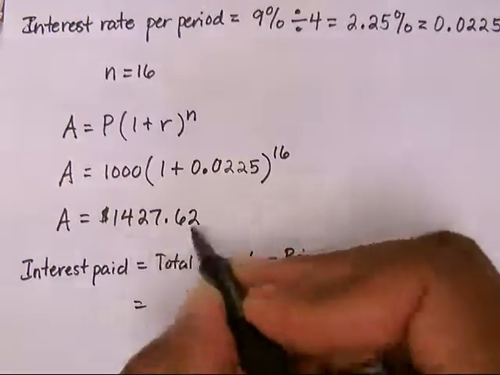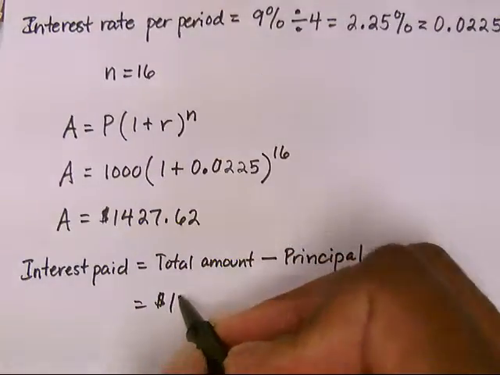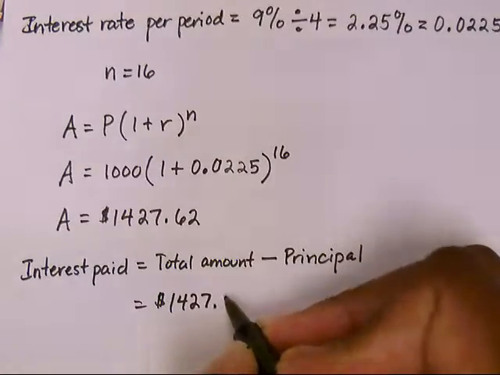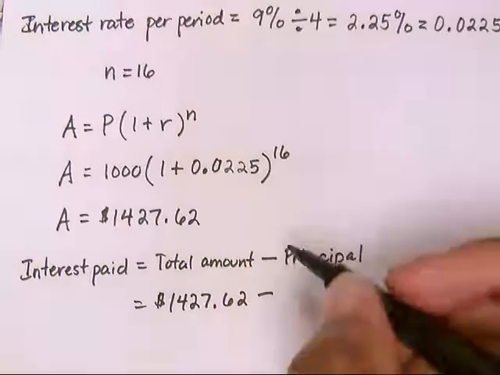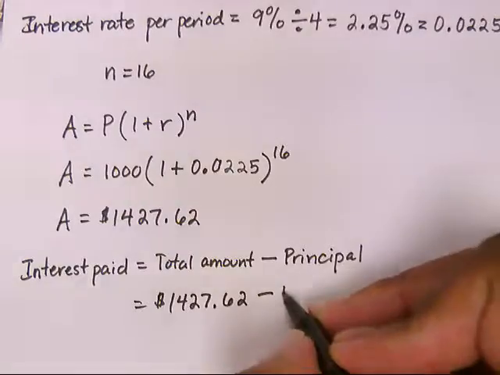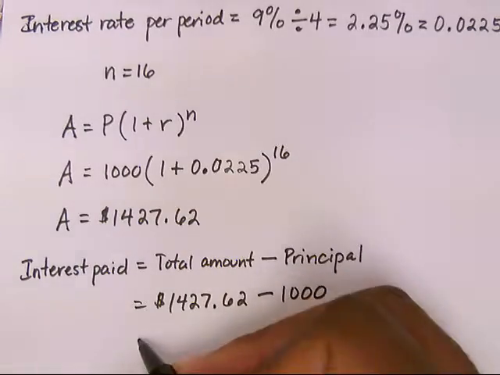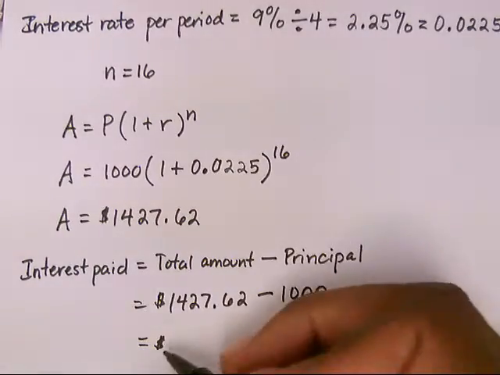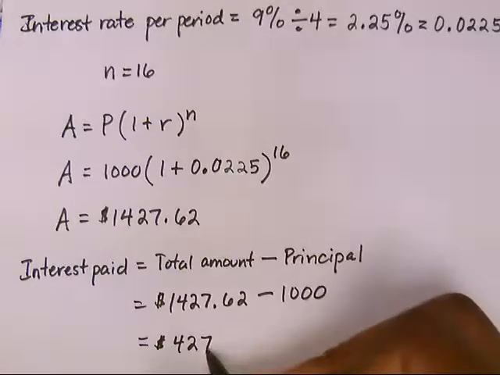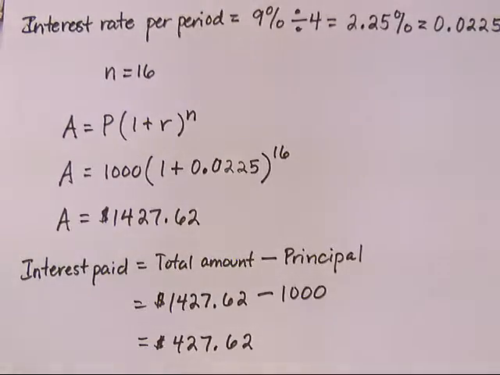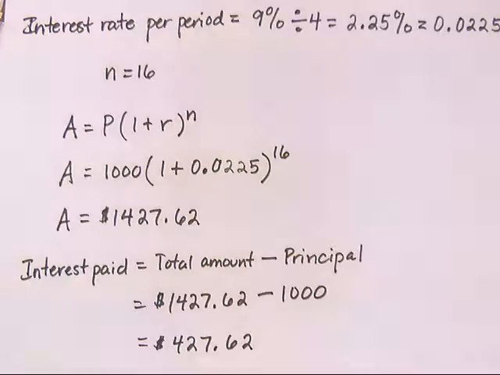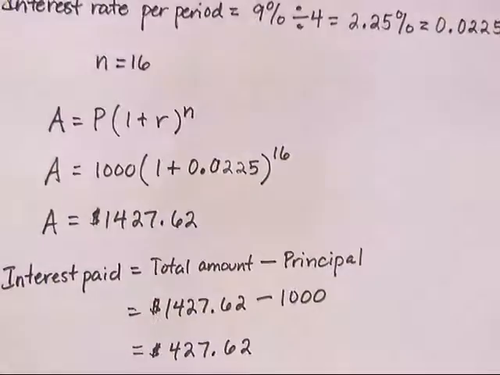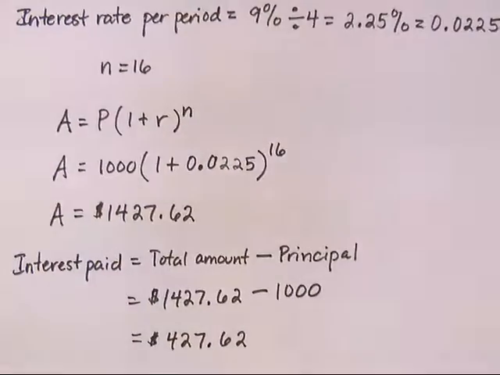So that total amount was $1,427.62 minus the principal of $1,000. And that will leave us with the interest that was paid, $427.62. Okay?